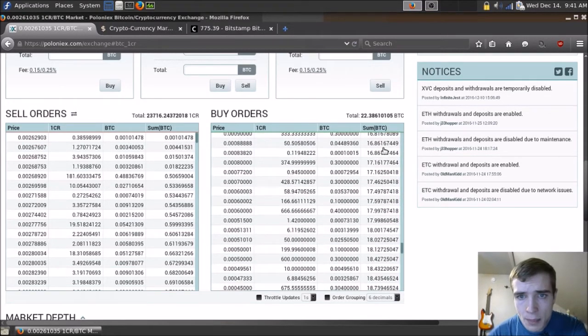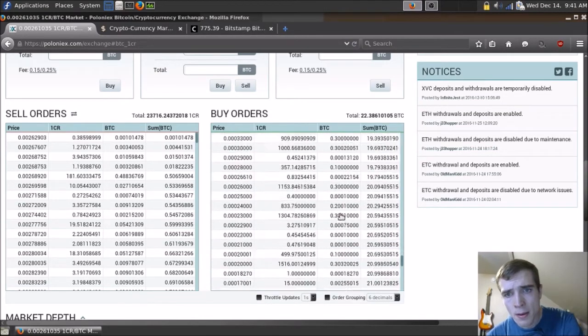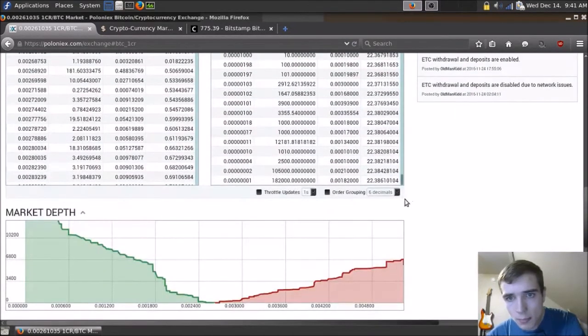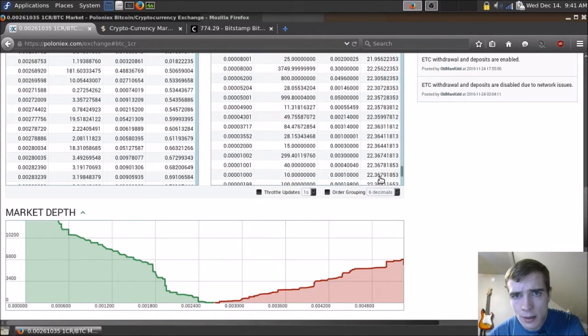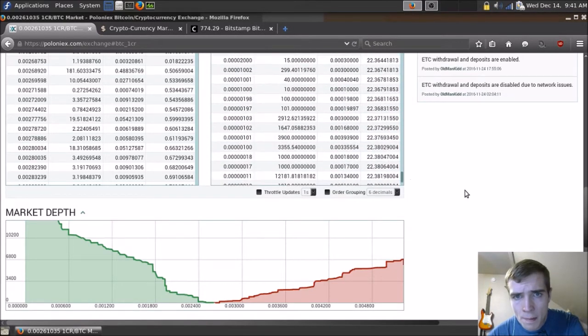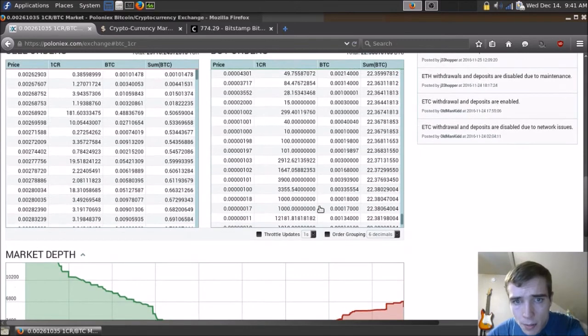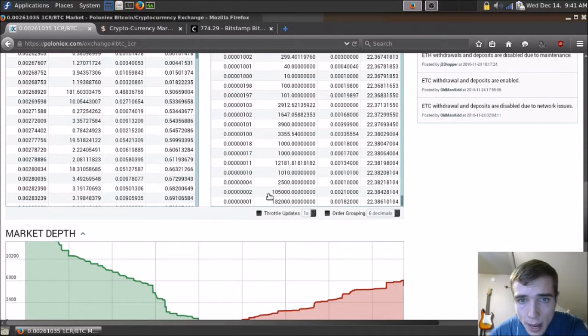People will buy that much Bitcoin, and it's all of the previous ones added up. It follows a pretty even trend here. We see continual growth here. But there are places where you can see that there's way more.